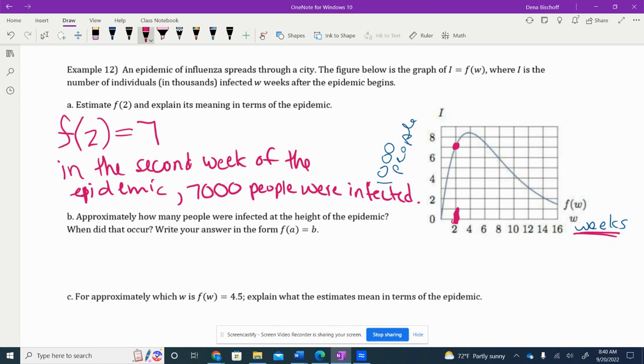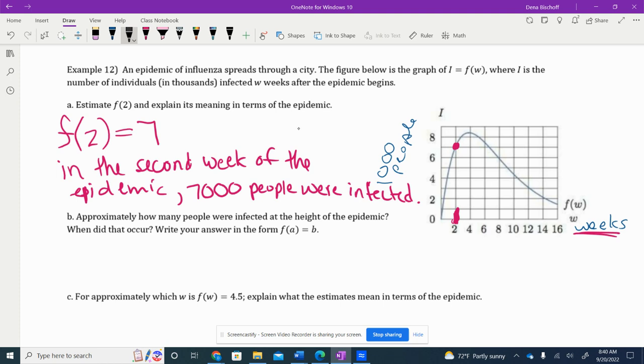Approximately how many people were affected at the height of the epidemic? Meaning the height is when the most amount, when it reached its peak, right? It maxed out. So how many people do you think were infected then? And let's write our answer in function form.